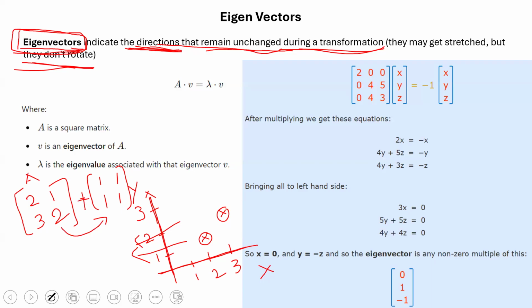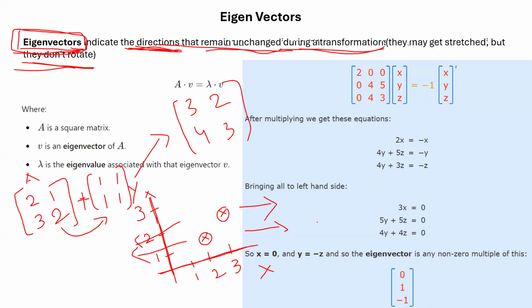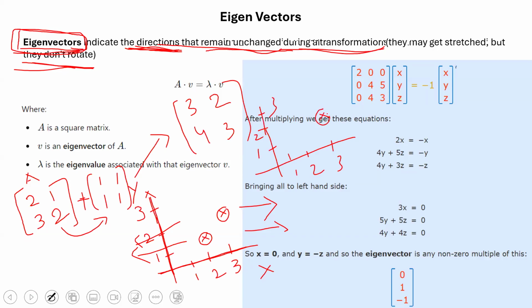If it is plus, what happens? These points will move this way. What is the transformed matrix when we do plus? It would be 3, 2, 4, 3. Let me draw the diagram. 1, 2, 3 and 1, 2, 3. 3, 2 is this point, and 4, 3 is this point.